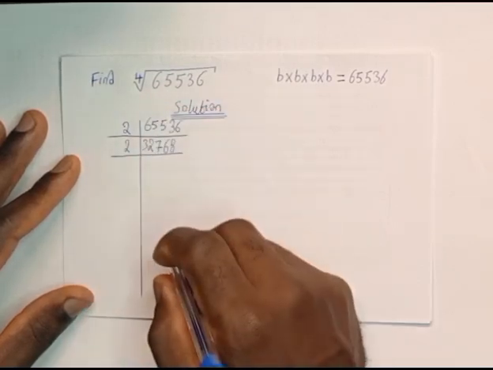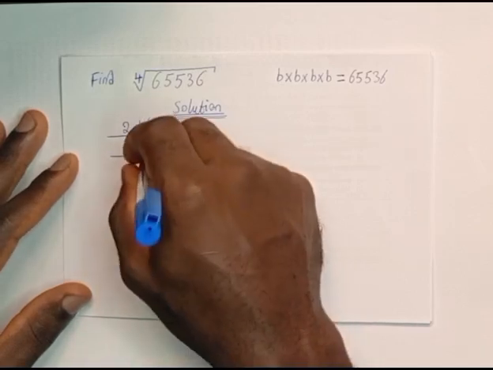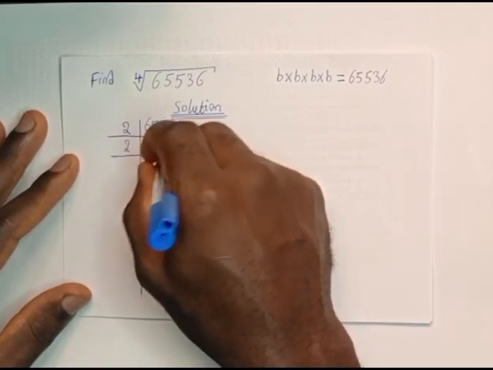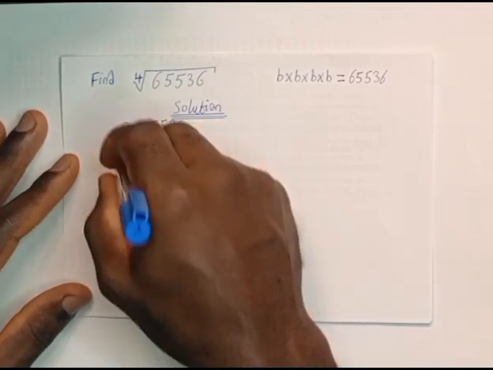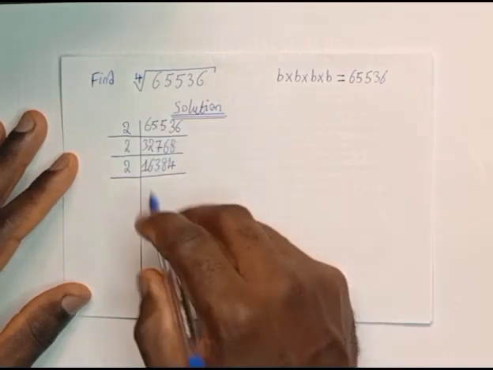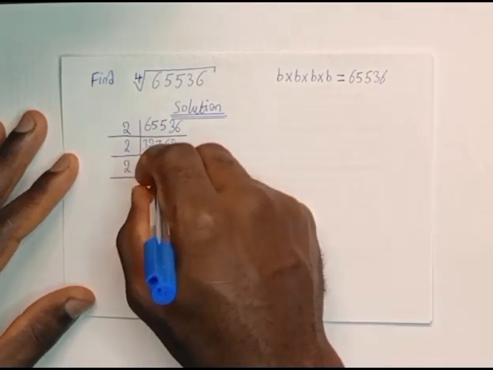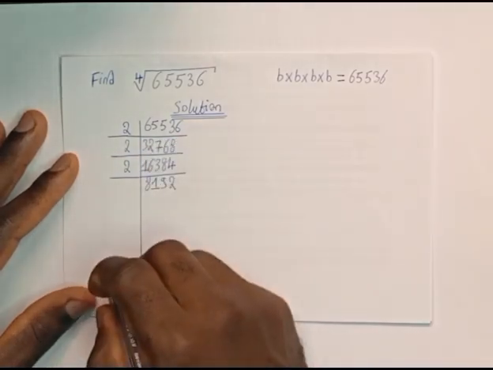We divide 32,768 by 2. This gives us 16,384, which is an even number. We bring down 2 again. 16,384 divided by 2 gives us 8,192, which is an even number.